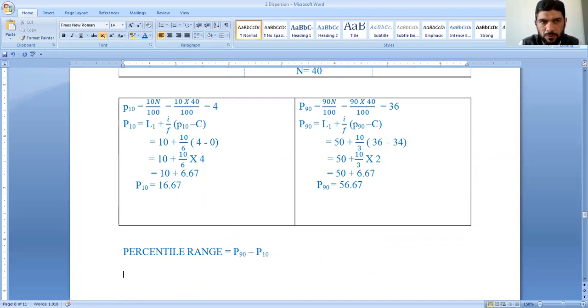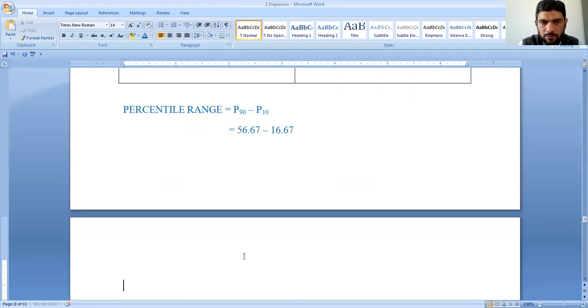So both values we have over here: 56.67 minus 16.67, and the percentile range will be 40 over here. So this will be the answer for percentile range.